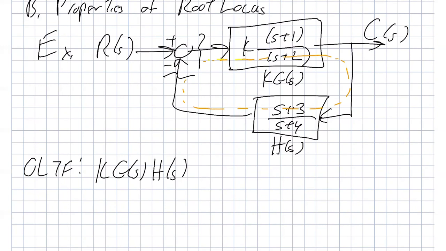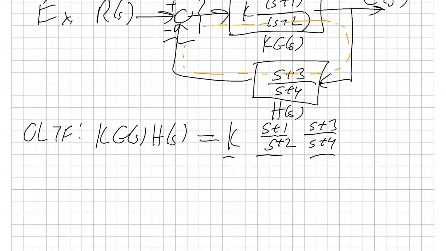So we have k G of s H of s, and that would be simply k times s plus 1 times s plus 3, with s plus 2, s plus 4 in the denominator.